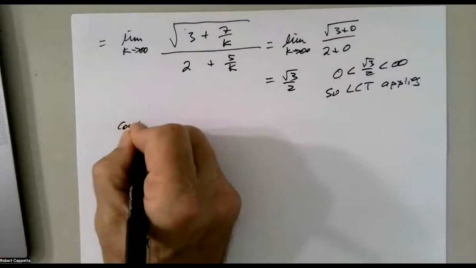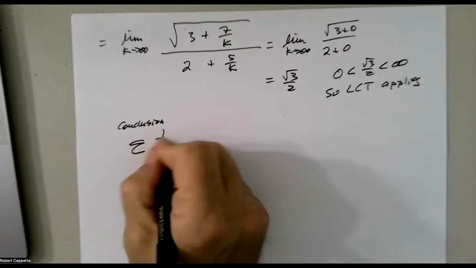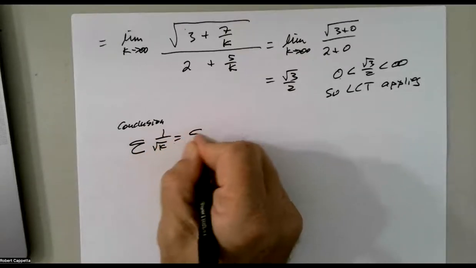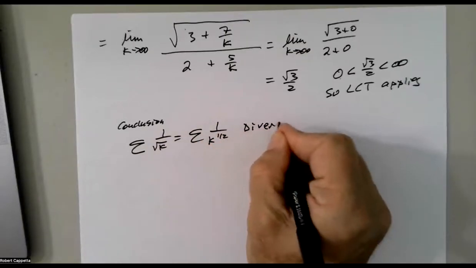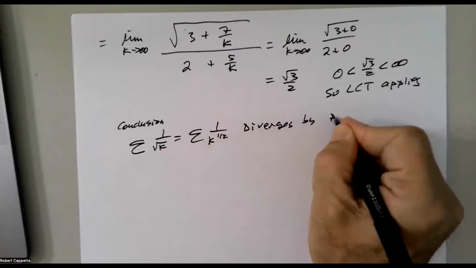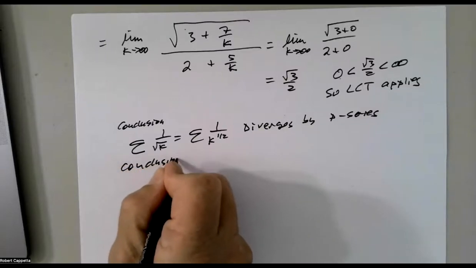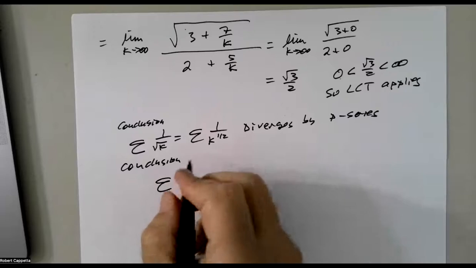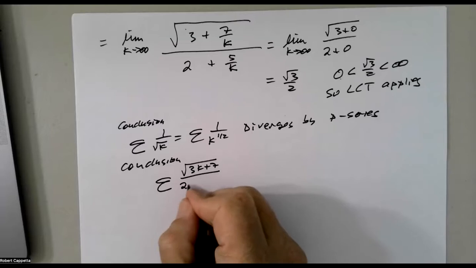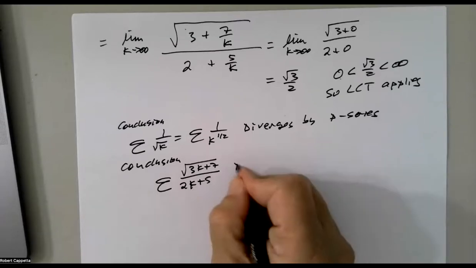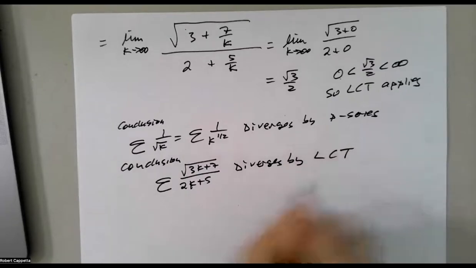Conclusion: the sum of 1 over root k, which equals the sum of 1 over k to the 1/2, diverges by p-series. So my conclusion: the sum of root (3k plus 7) over (2k plus 5) diverges by the limit comparison test.